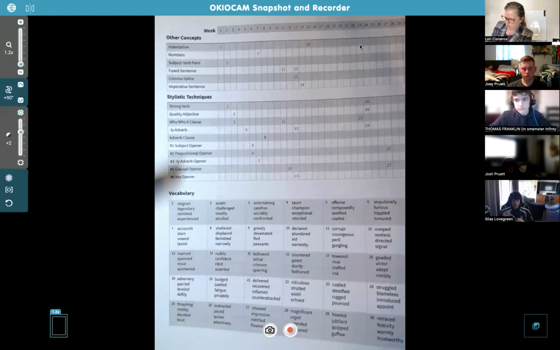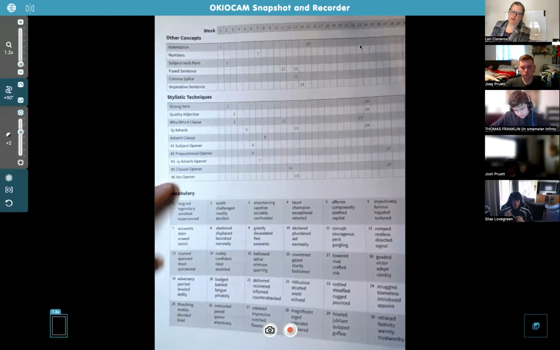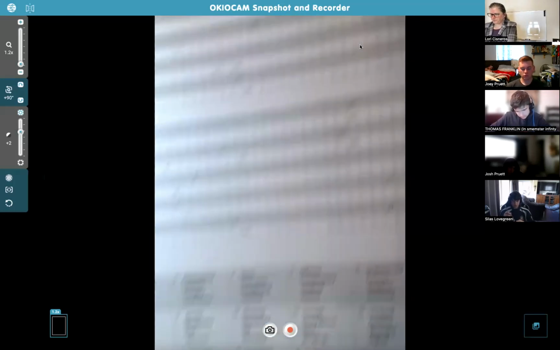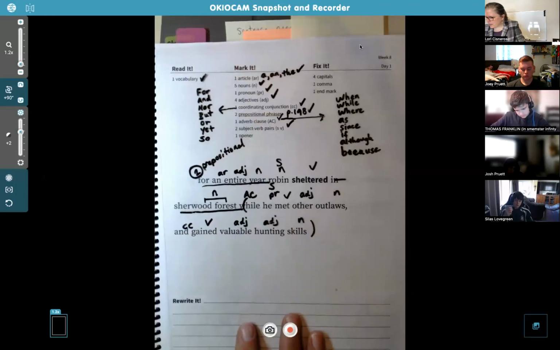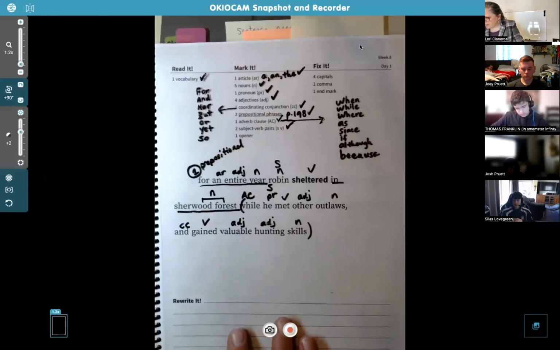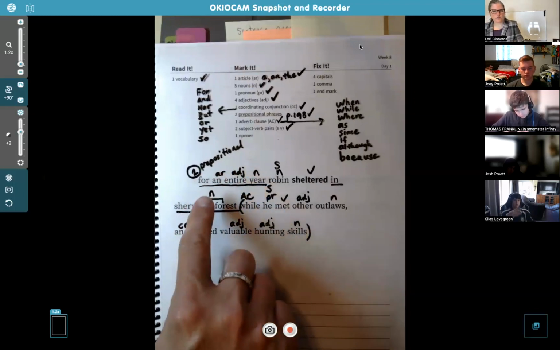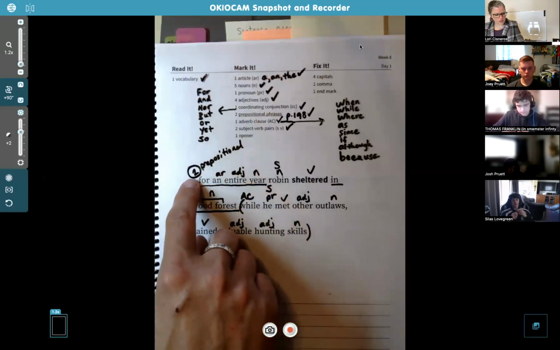It's like the 3rd or 4th page in of your book, the very beginning, to remind you what number goes with what opener. Okay. So because this starts with a prepositional phrase, it is a prepositional opener, and you label it with a number 2.